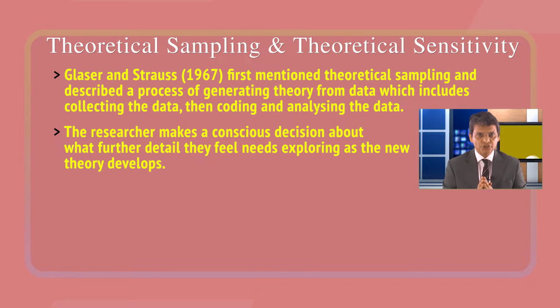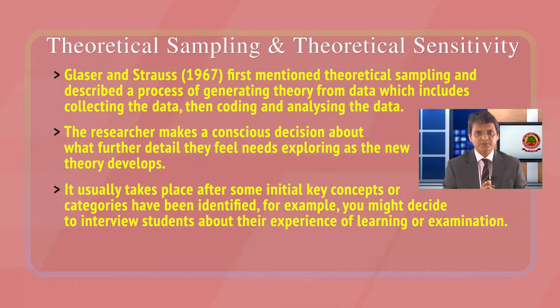Next, the researcher makes a conscious decision about what further detail they feel is worth exploring as the new theory develops. It usually takes place after some initial key concepts or categories have been identified.